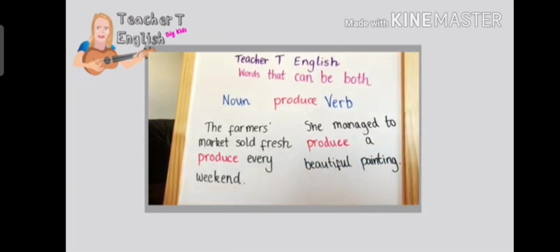The two words are the same, one and the same. But the meaning changes. When we use it in a noun sentence, it is used as a naming word, fresh produce. And when we use it in a verbal sentence, it is used as an action word, produce, an action.